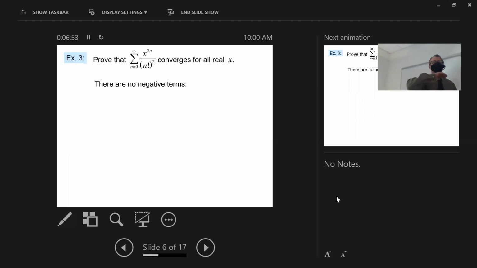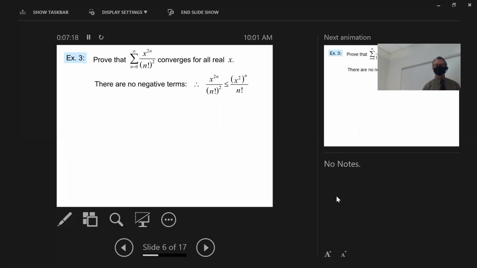First thing, we have a separate category for alternating series. It's actually easier. So these terms must all be positive for direct comparison. Now, do you understand what happened there? The numerator is property of exponents.